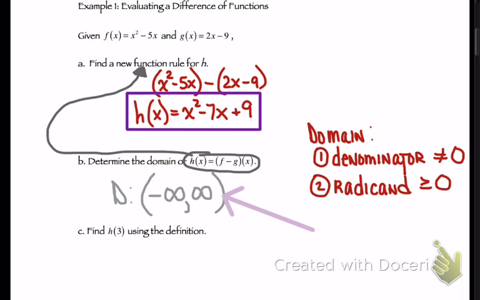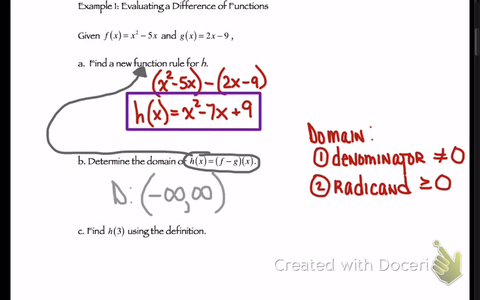Understand that what this means is that I could plug in any number that I wanted wherever I see an x, and I'm going to get an answer out. Okay, so that's what that means. You could plug anything that you want in for x.